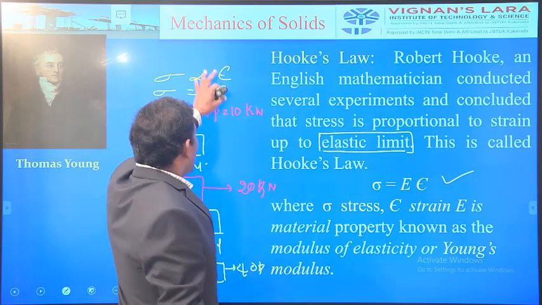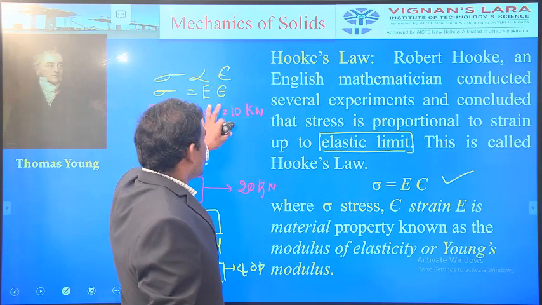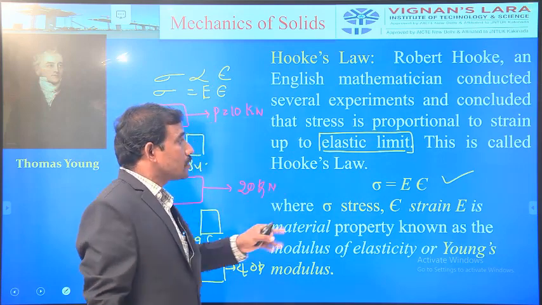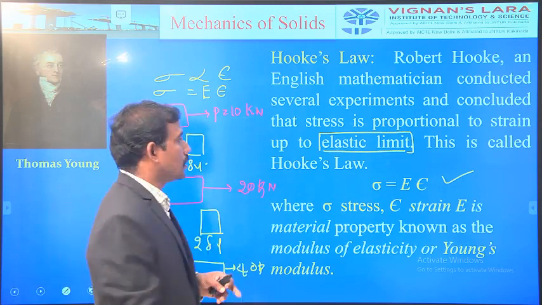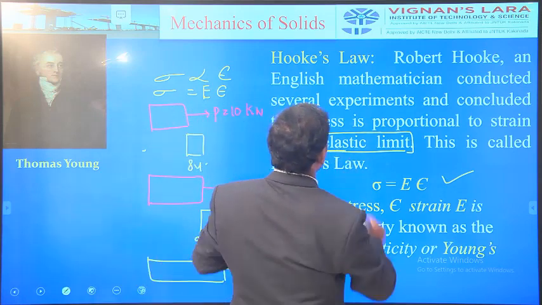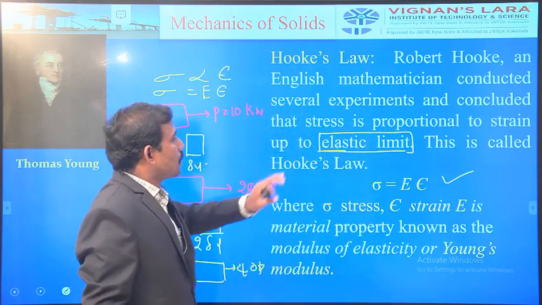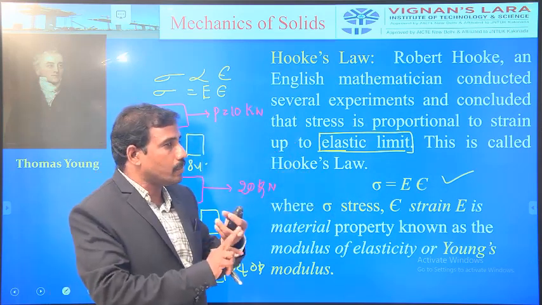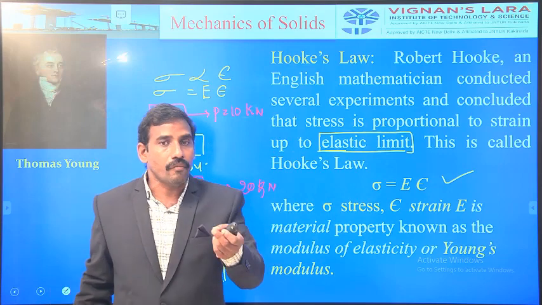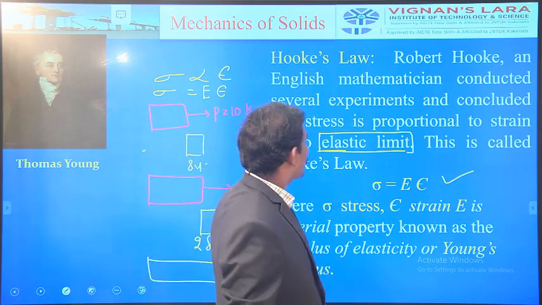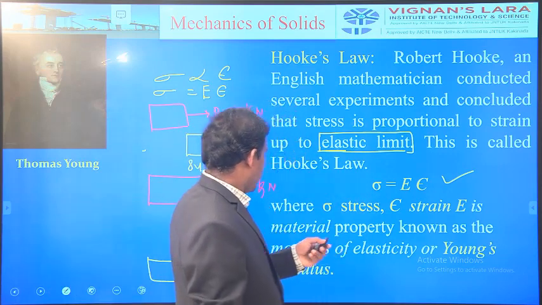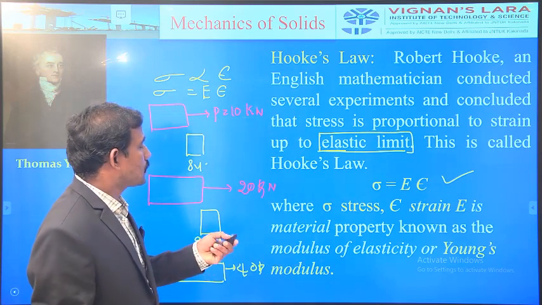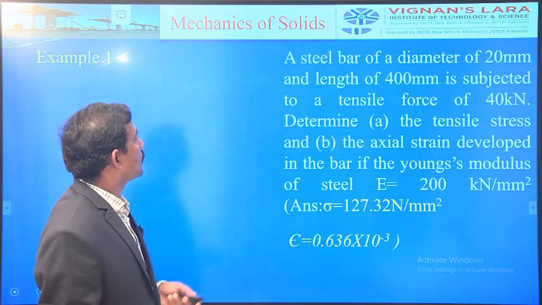It means the applied force is limited, and the resistance to the deforming force is also limited. That is the elastic limit. The stress and strain are always proportional up to a certain value. The constant is known as Young's modulus or modulus of elasticity.